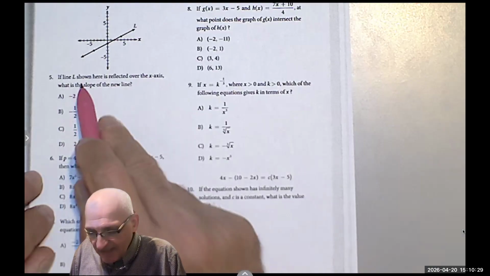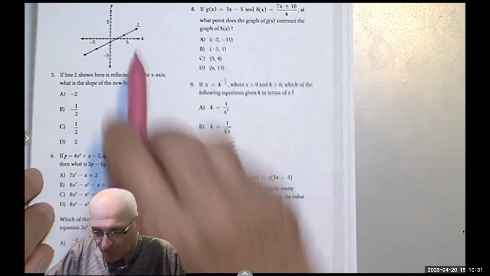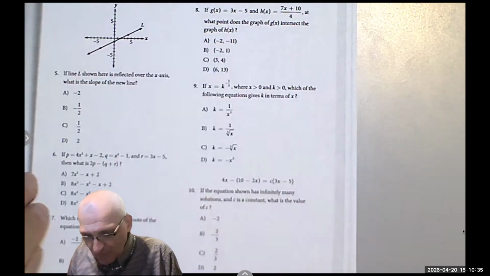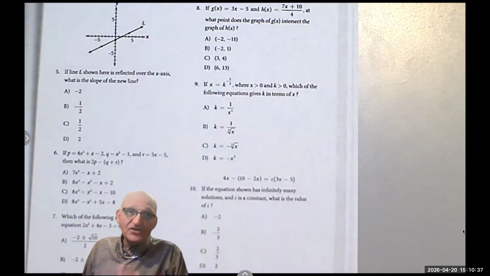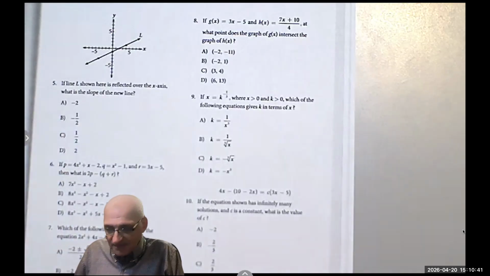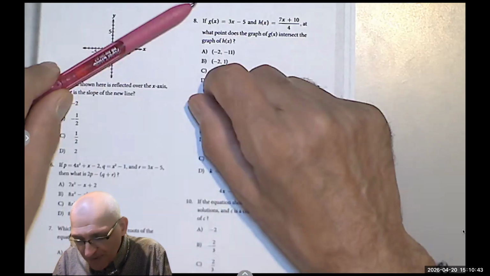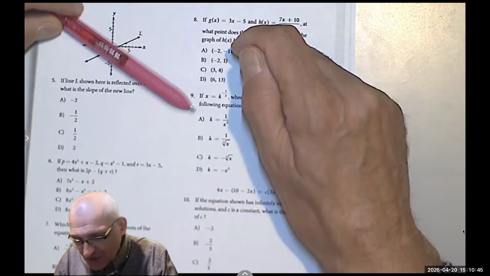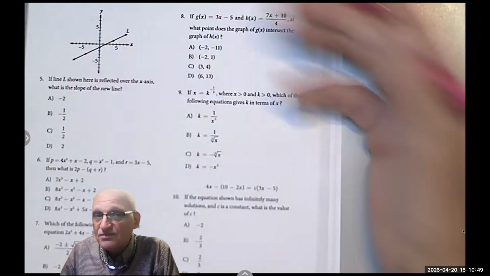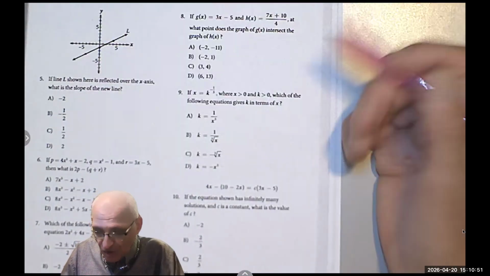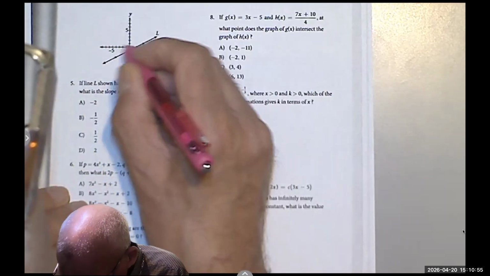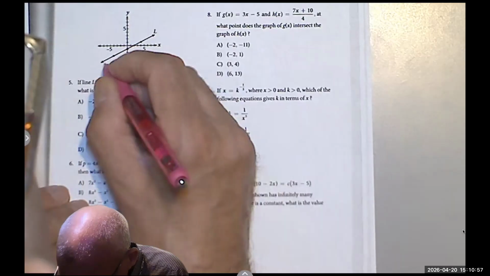If line L shown here is reflected over the x-axis, so if it looks like that, what is the slope of the new line? You should know that this slope is the same as that slope. The only difference is the sign, because the inclination is the same, right? So this point right here is -4 and -3.